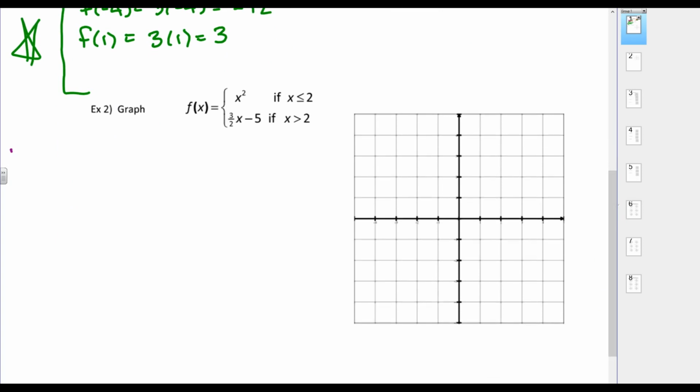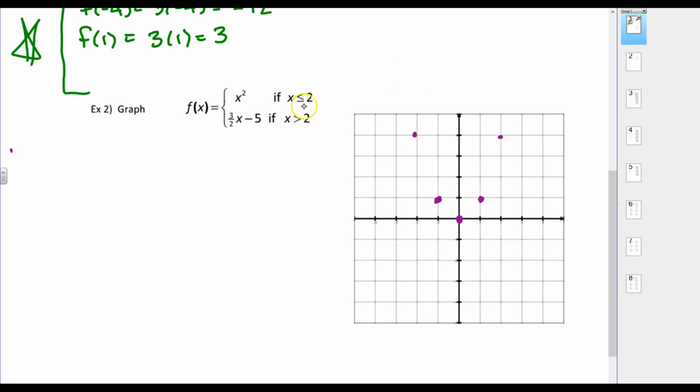The best way to graph a piecewise function is to treat it as a function and then have your eraser out to back out the parts you don't need. So for example, this function is defined as x squared if x is less than or equal to 2. If I were just graphing x squared, that'd be 0, 0, 1, 1 mirrored, 2, 4 mirrored, and then 3, 9.